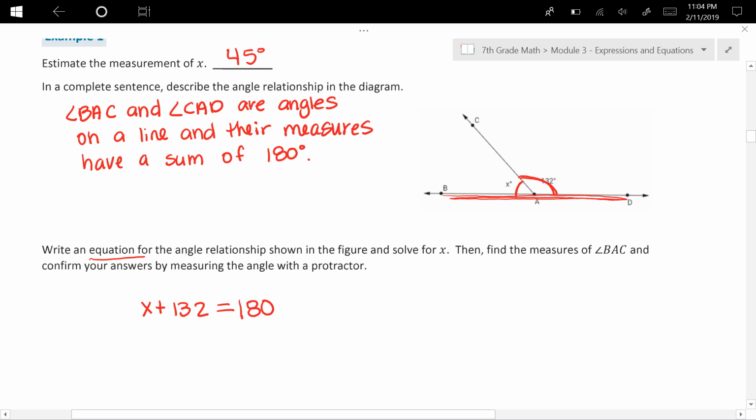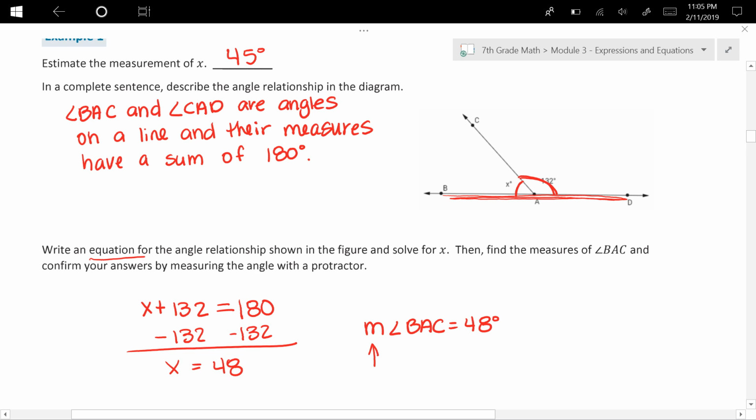So now we just go through and we solve it. So we get x is equal to 48. So what we are saying here, the measure of angle BAC is equal to 48 degrees.